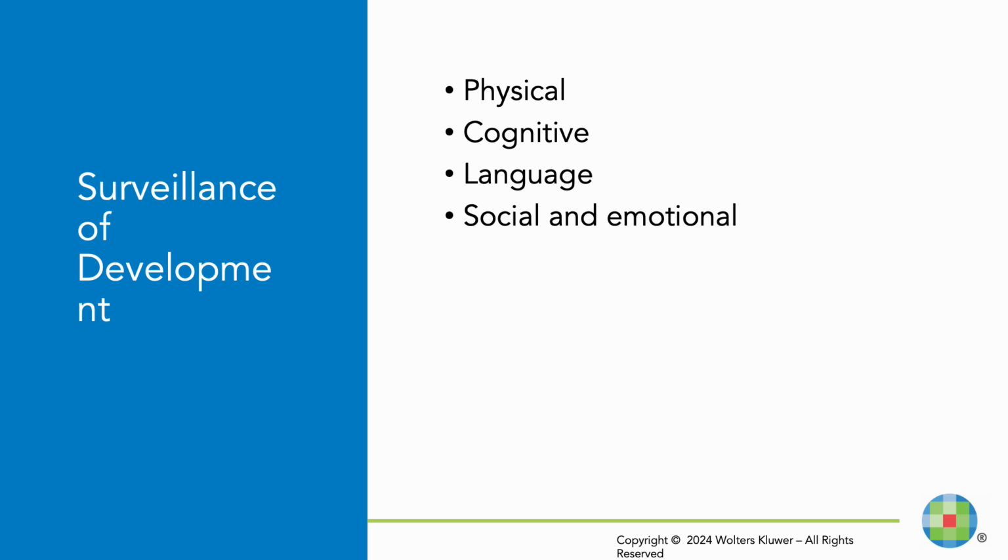Can you understand them? And how are they when it comes to social and emotional development? Are they playing? Are they interactive with others? Are they able to make eye contact and hold eye contact? Is that socially acceptable in their culture? That's another question, because there's also a cultural component to this.